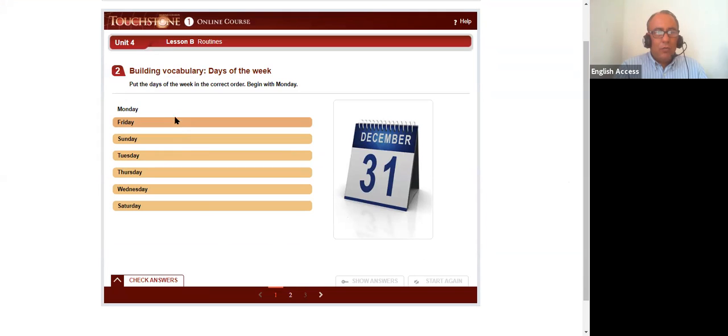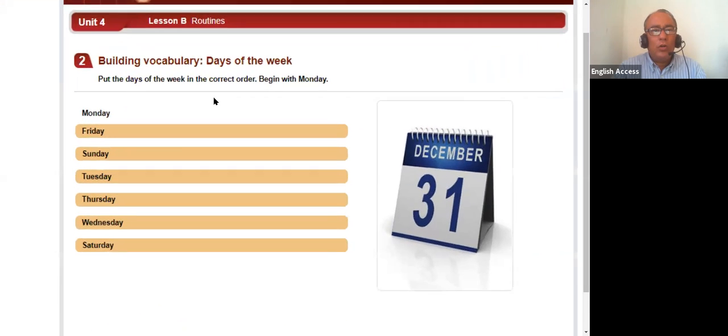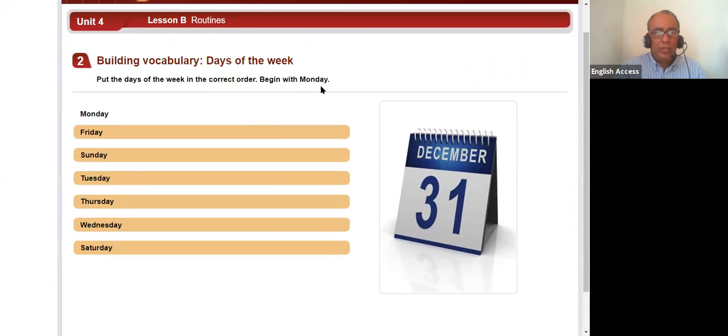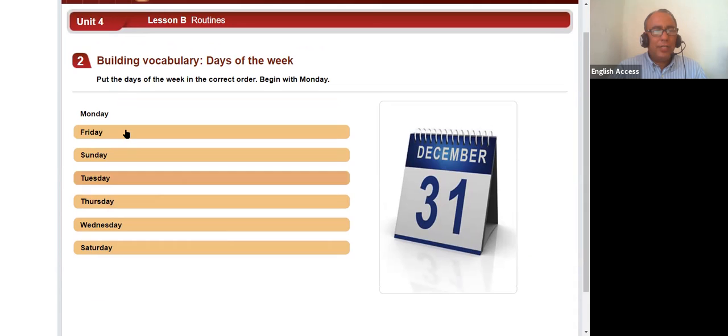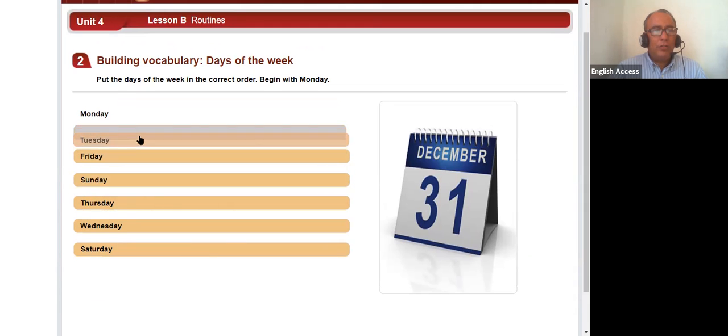Okay, what is it? It says the activity: put the days of the week in the correct order, beginning with Monday. What is the second day of the week, Pacheco or Fatima? The second day is Tuesday.